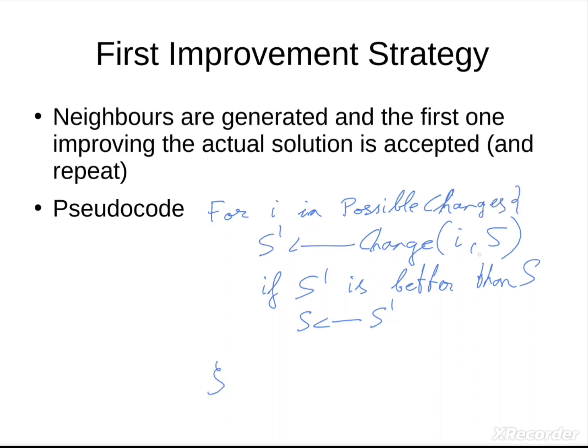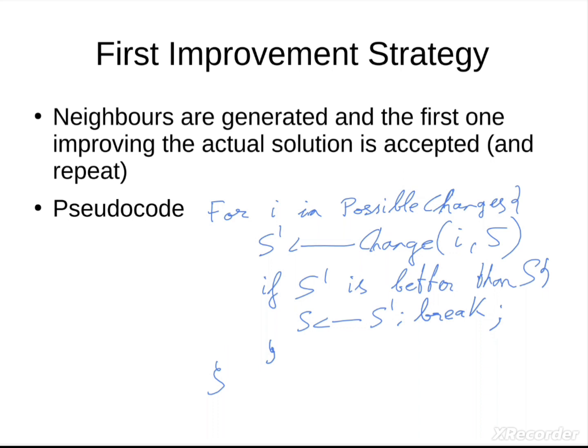So as soon as you find this change that produces a solution better than the current solution, you accept this solution and exit the loop.